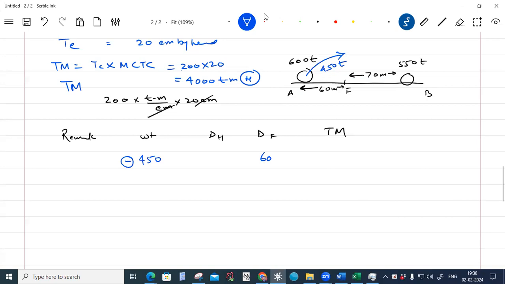This is aft, and you consume 450 from aft. What will happen to your trimming moment? Trimming moment by head, how much? 27,000 ton meter by head.